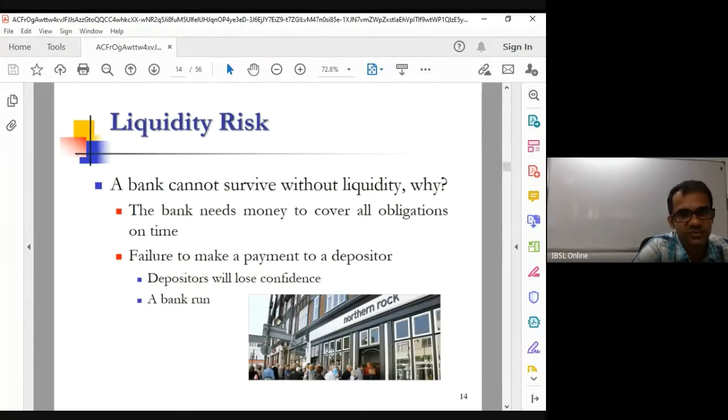So your loan portfolio is also an illiquid asset. Then land and buildings, if the bank has any vehicles and things like that, you cannot sell. So those are the examples of illiquid assets. Clear?